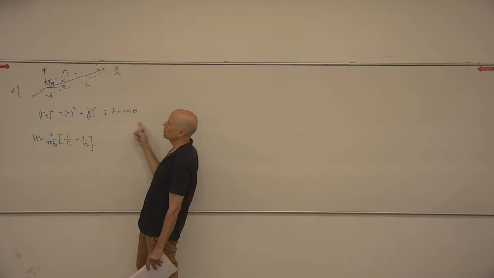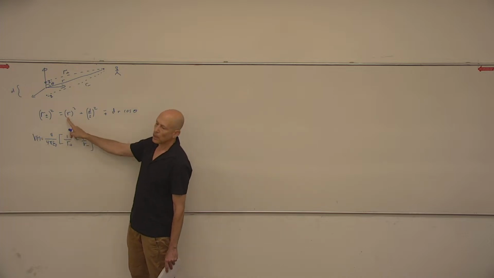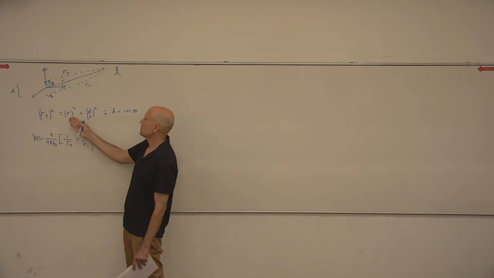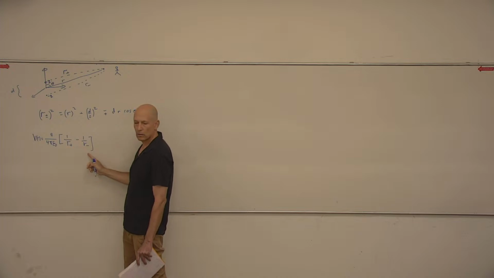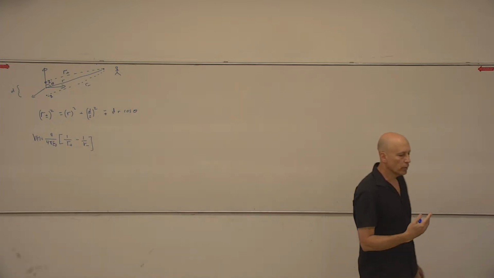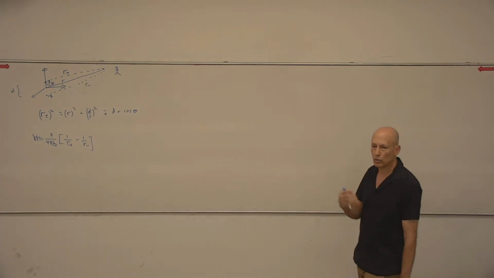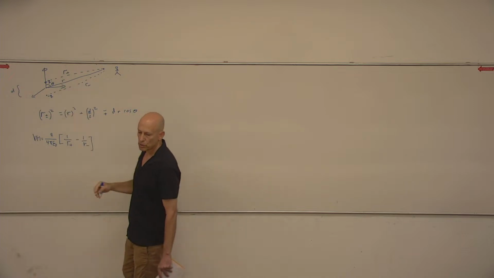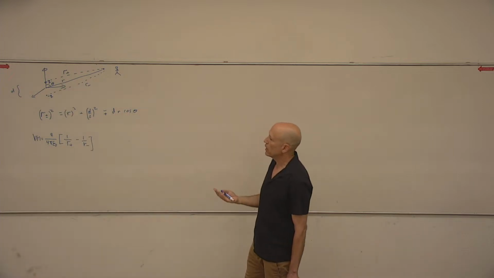What is the biggest term in these three terms? R squared. So if I just take R plus and minus as R, it will give you 0, and that's the monopole that is vanishing here because the total charge of the system is 0. So this is to be expected, of course. So the leading term will give you 0.